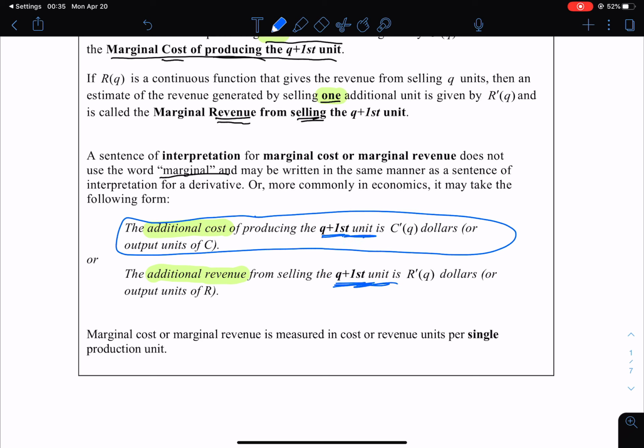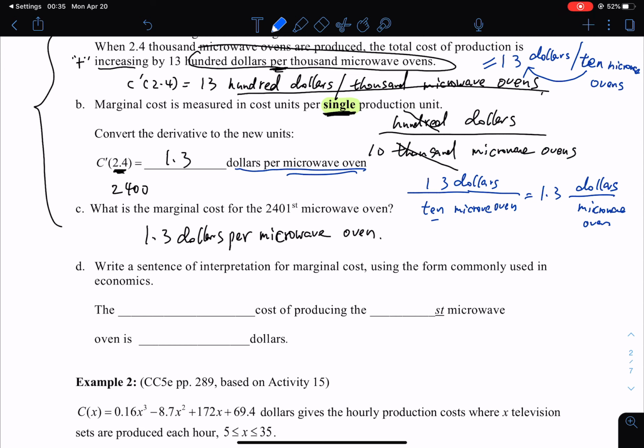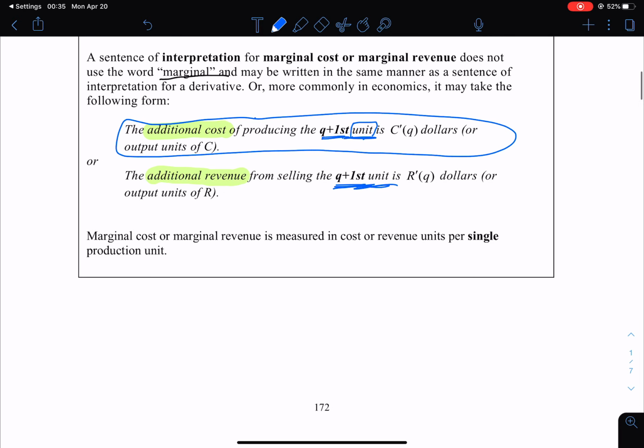Unit. And do not forget the unit. For example, in this one, the next microwave oven is the unit, so make sure you include the unit.